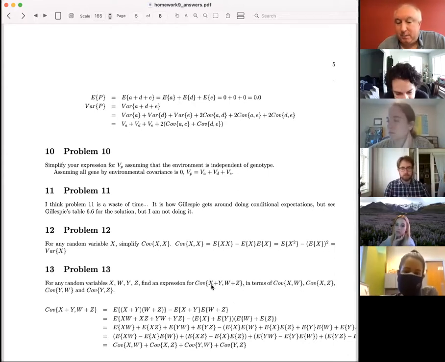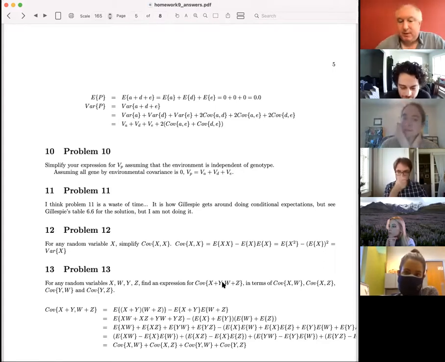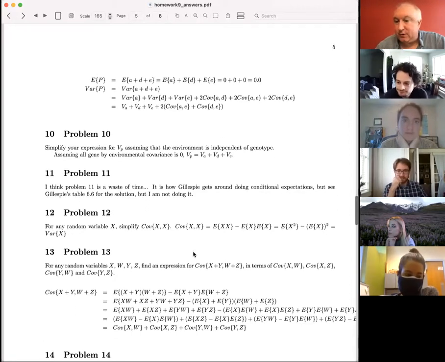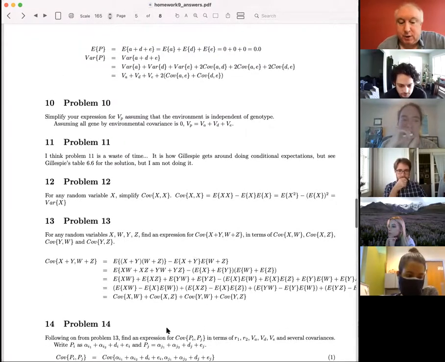If I see the sum, I can simply rewrite that as the covariance of X with W, the covariance of X with Z, the covariance of Y with W, the covariance of Y with Z. And if I'd been trolling you a little further, I would have added one more term here so that you would have had a sum of 3 things, and then you'd write those down as all the pairwise covariances, and then I would have made you do it with 4 things and have you write down all the pairwise covariances of 4 things.